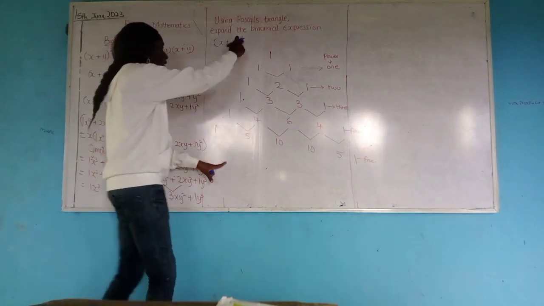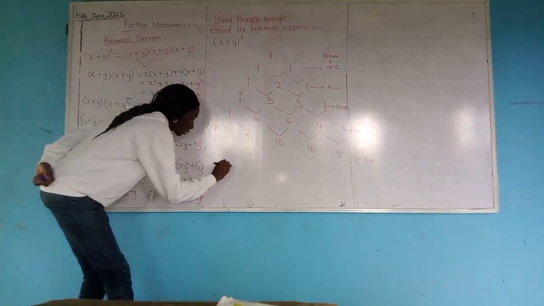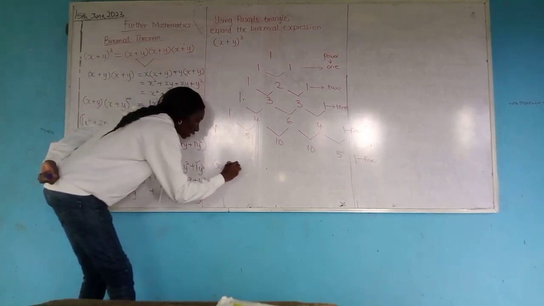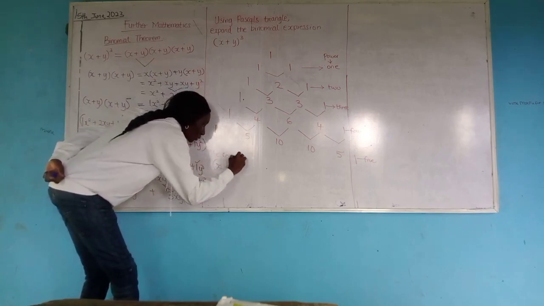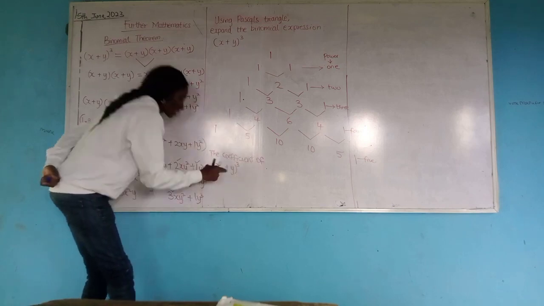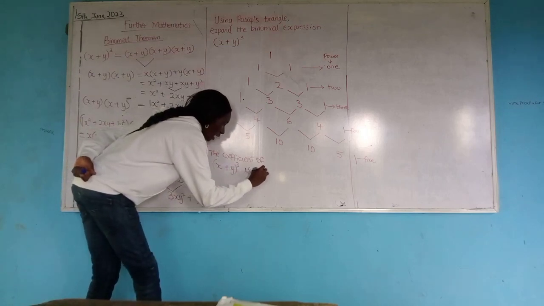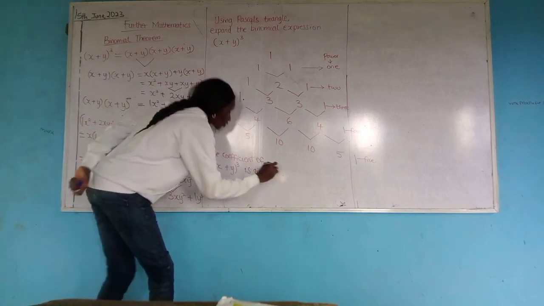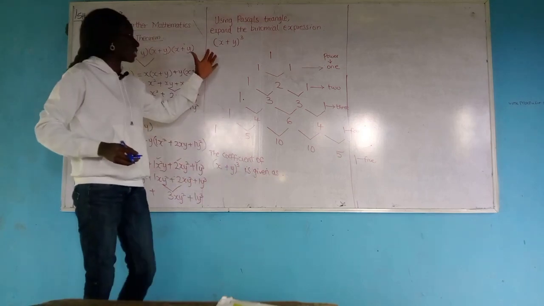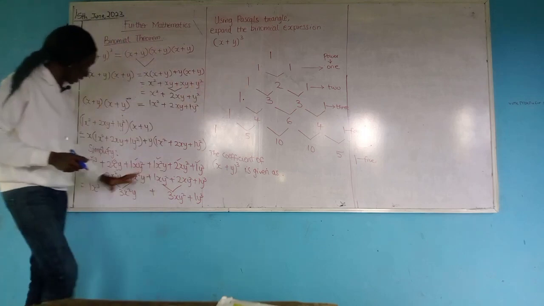And on that note, the coefficient of x plus y raised to the power 3 is given as, from this Pascal triangle, because I said that the Pascal triangle actually shows us the coefficient of each of all these terms.